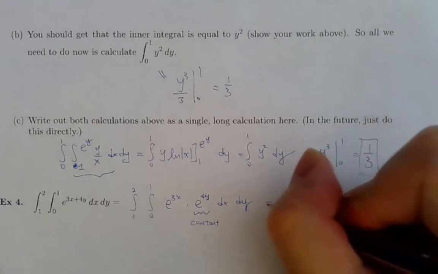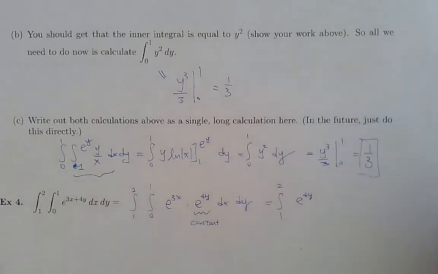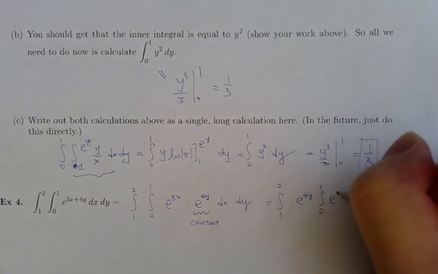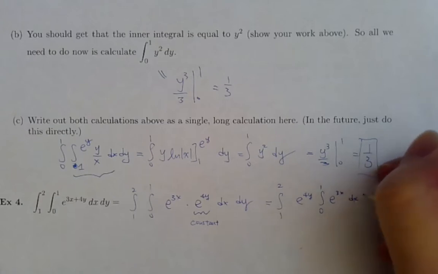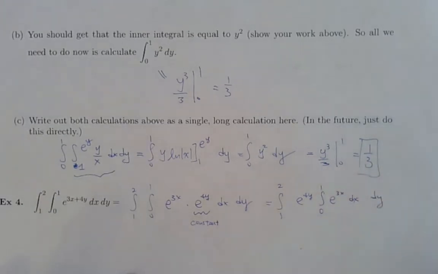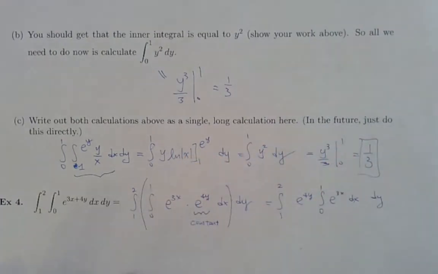So then we can pull that outside. e to the 4y times the integral from 0 to 1 of e to the 3x dx, dy, where, let me parenthesize so you can see clearly. Right here I have an iterated integral.